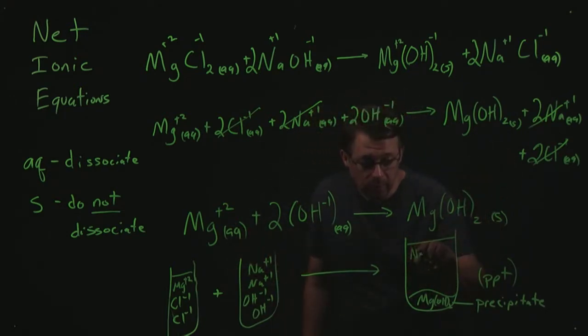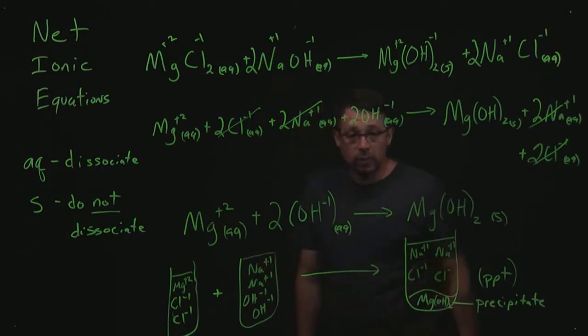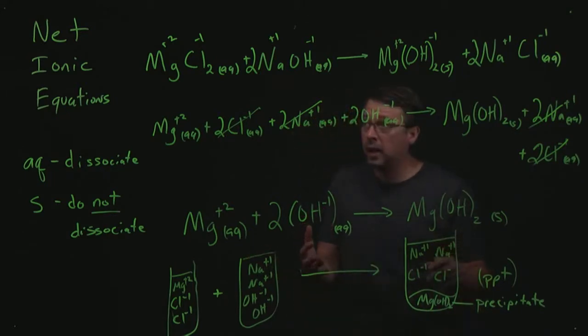So I'll have Na floating around, and then I'll have those chloride ions floating around in solution still too, because they're still aqueous, mixed up in the solution. So when you think of a double displacement reaction, what you're really looking at is, did a solid form or did anything form? And we can write a net ionic equation to actually figure out what those things are. So solids don't dissociate, aqueous solutions do.